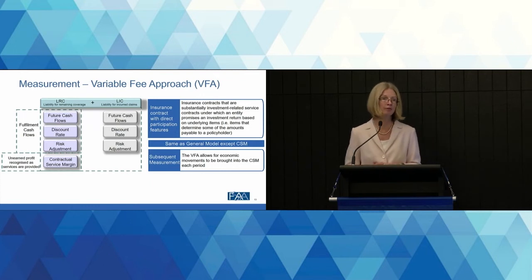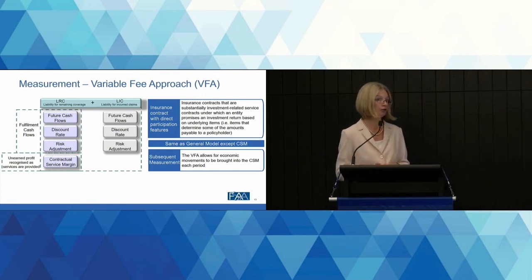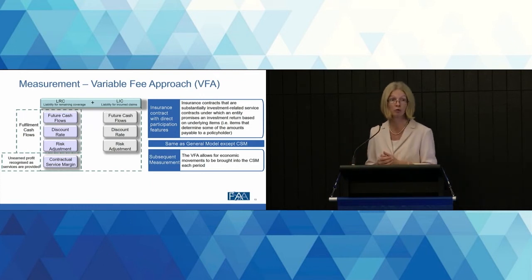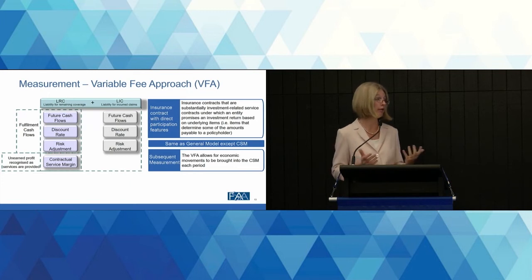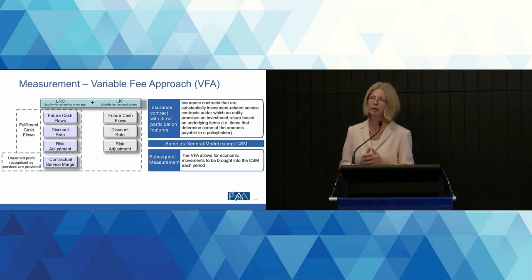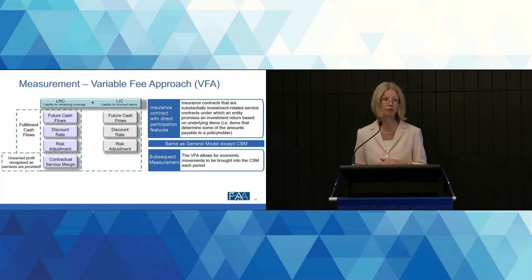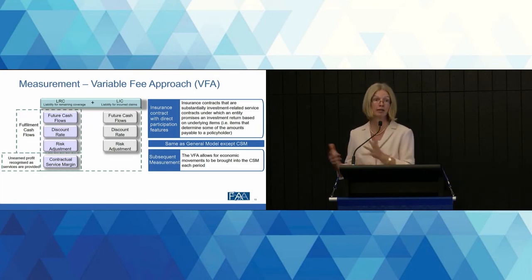So the VFA is a modification to the general model, or the building blocks approach. It has a liability for remaining coverage and a liability for incurred claims, calculated the same way. The only difference here really is regarding the contractual service margin and how you measure that subsequently.